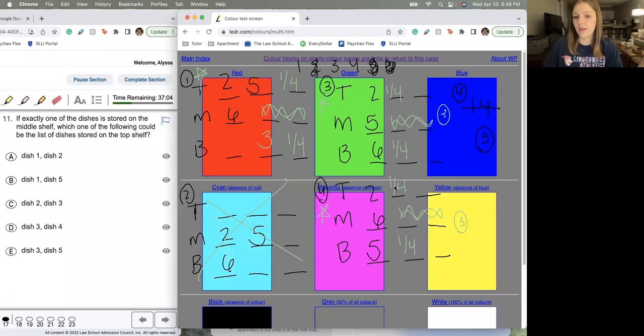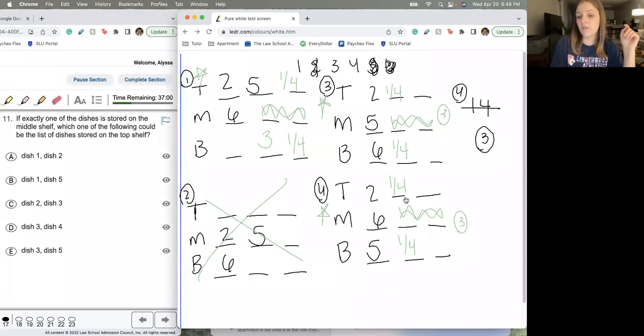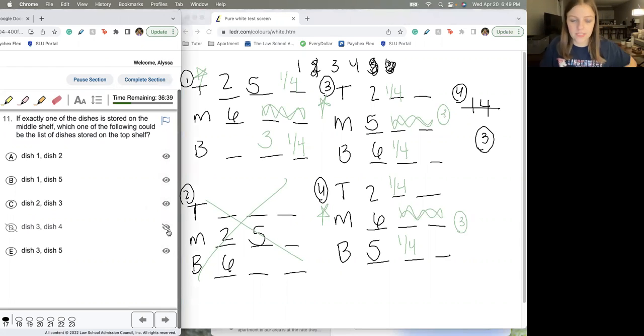We could put 3 in there, and we could pick 4 here, but in order for us to be able to pick D, it would have to include dish number 2. So it's the full and comprehensive selection of the dishes that we're picking from. And the way we can figure that out is it's saying could be the list of dishes, so it's talking about a comprehensive list. So that eliminates D.